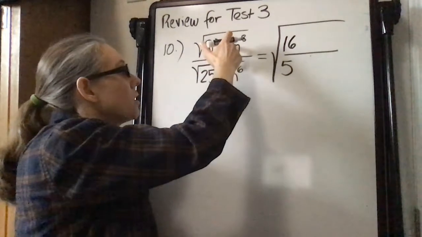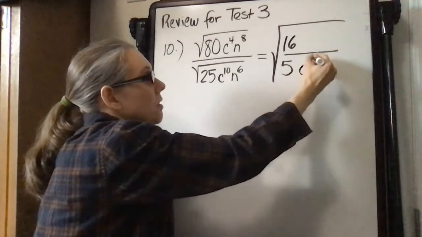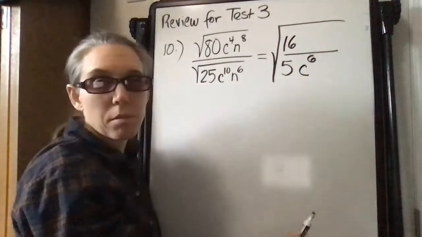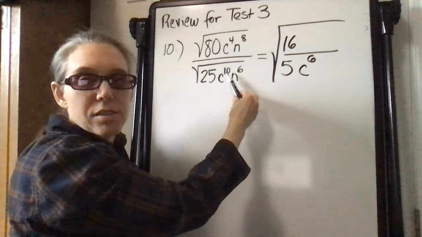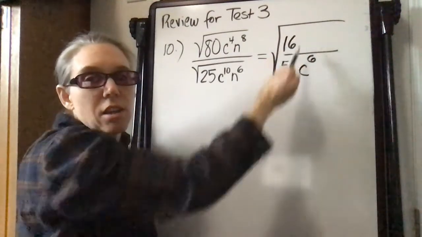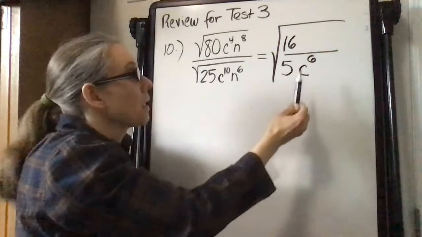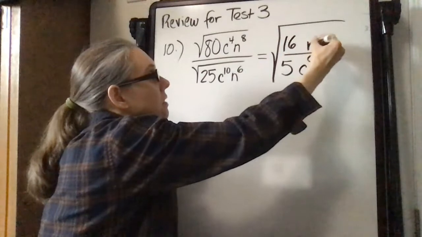Now c to the 4th divided by c to the 10th gives you a c to the 6th left in the bottom. We get that by 4 minus 10 is negative 6. And if you have a c to the negative 6, it's going to go downstairs to the basement. And then n to the 8th divided by n to the 6th is n squared.